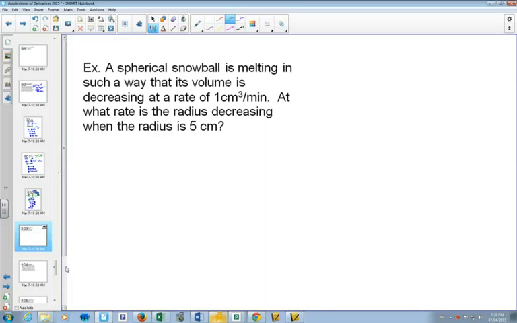So again, we have a perfect sphere of snowball. It's melting in your hands perfectly. Your hands aren't contributing to any of the melting, so it's melting perfectly in all directions, slowly getting smaller while maintaining its ideal sphere, just for this math problem. And we know that the volume, dV/dt, is decreasing at a rate of 1 centimeter cubed per minute.